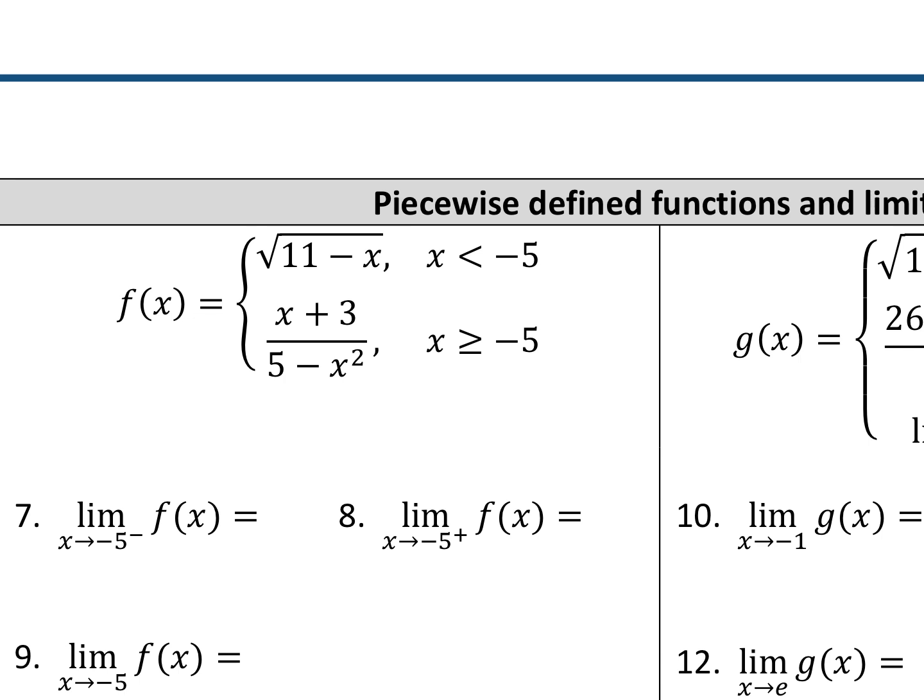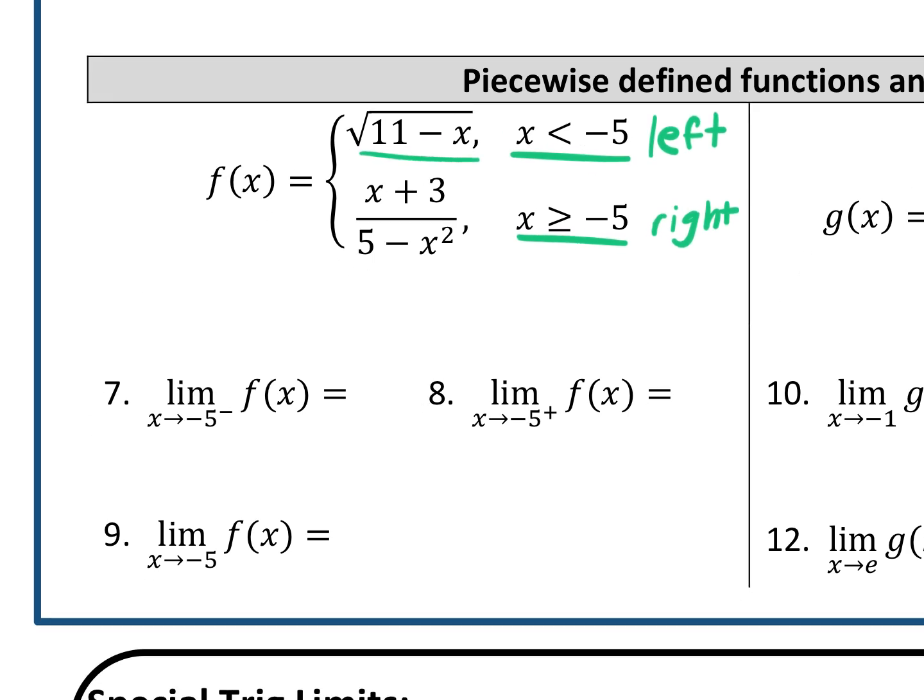We know that something is going to be different on the left versus on the right. x is less than negative 5. What side of the graph is that? Is that the left or the right? So we know that if we're looking for a left-hand limit, we're looking at this function right here. x is greater than or equal to negative 5. What side of the graph is that? The right-hand side.